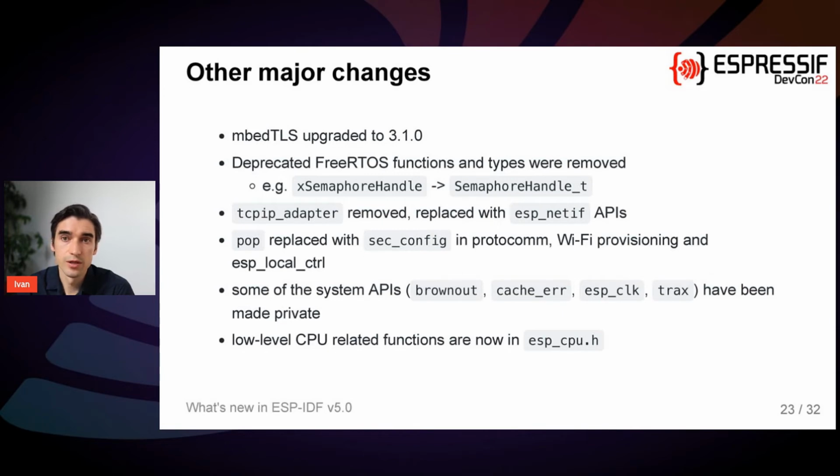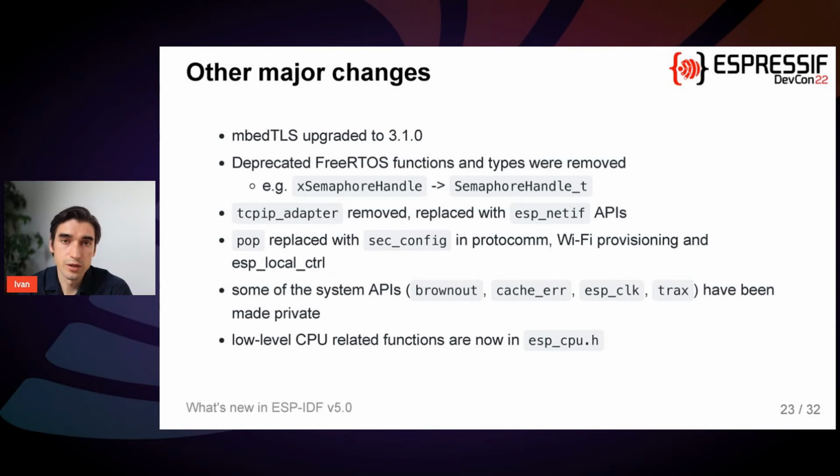And finally, a few other major changes that I want to mention. Mbed TLS, which is a cryptographic and TLS library that we use in IDF, has been upgraded to a major release, 3.1. And this brings some breaking changes in case you have been using Mbed TLS code directly.